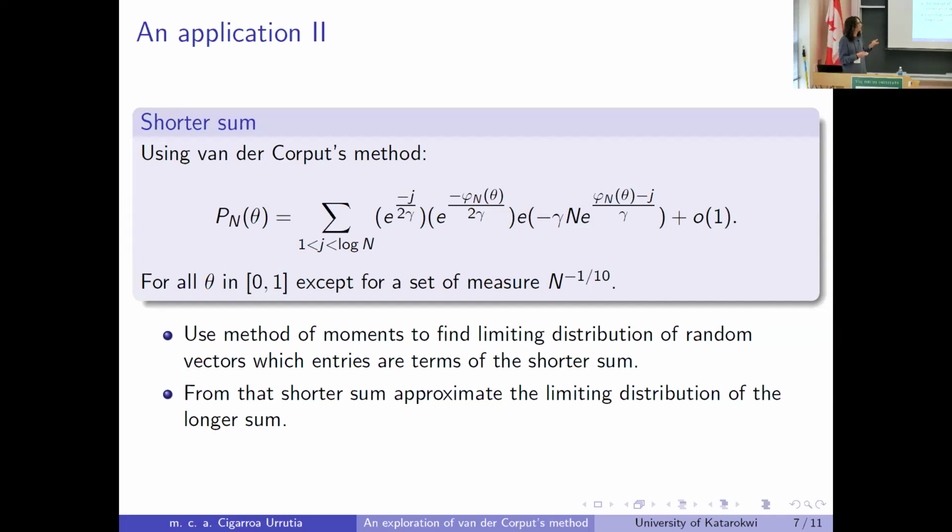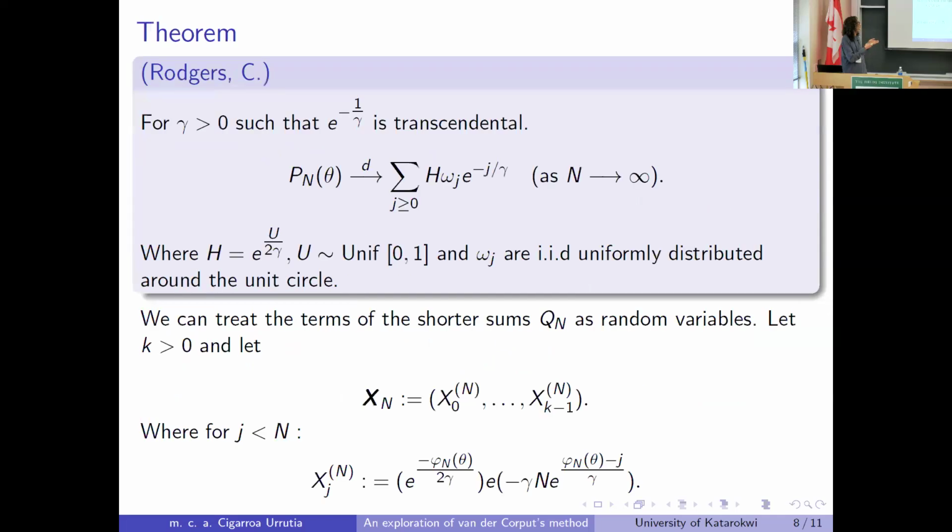And to prove it, we apply the method of moments, compute the joint moments, and we obtain exactly what our intuition suggested: that P sub n, the Hardy-Littlewood polynomials, indeed have a limiting distribution that is a random variable H, which looks like this, with U uniformly distributed, and depends on this gamma that we chose, and the omega j's, which are IID uniformly distributed on the unit circle.